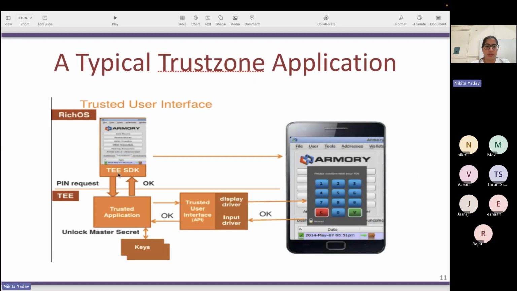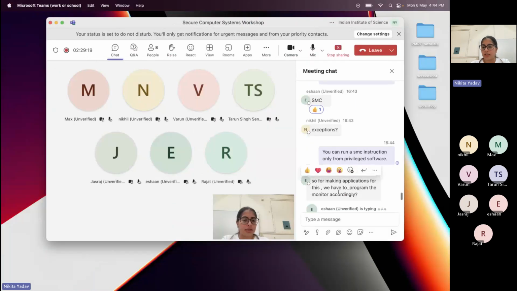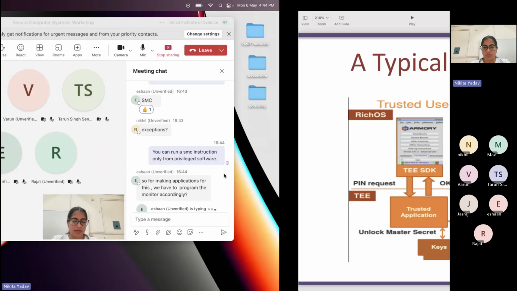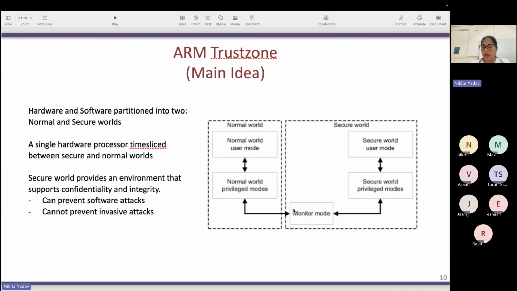That application is going to run some APIs, but you're not at all going to change the monitor. It's some software there in the secure world. It should not be changed. You are writing your applications and OSs here.